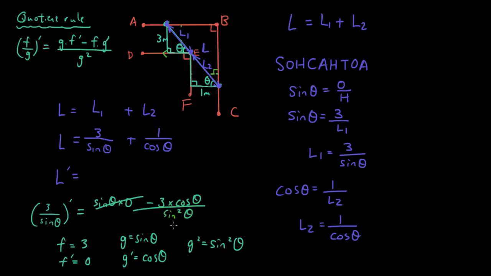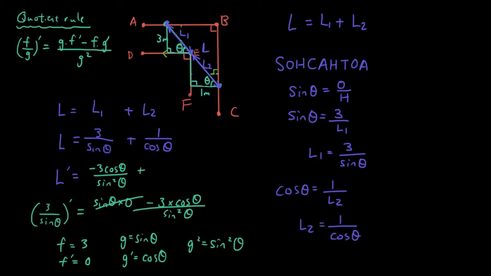So the first part is equal to negative 3 cos theta over sine squared theta. That's the first fraction. Now let's repeat it for the second fraction.